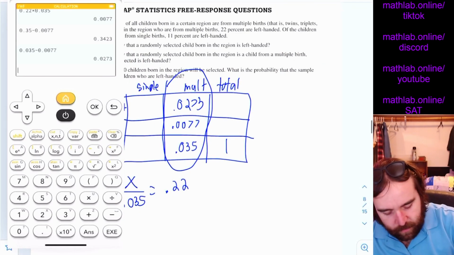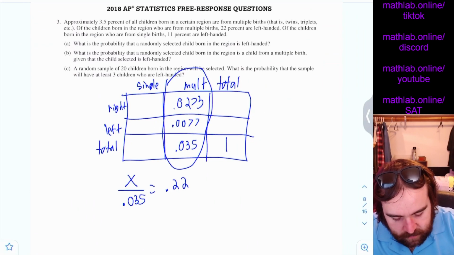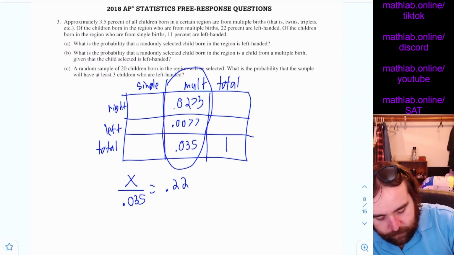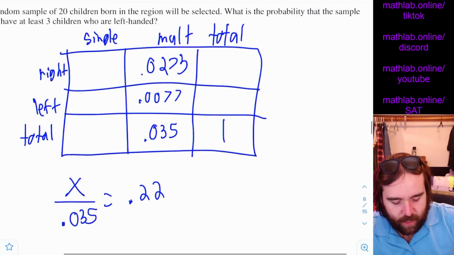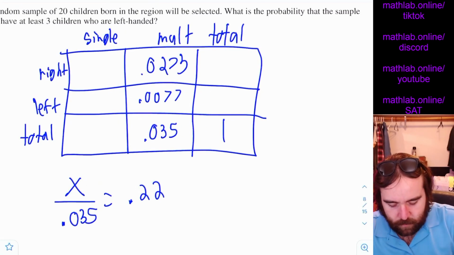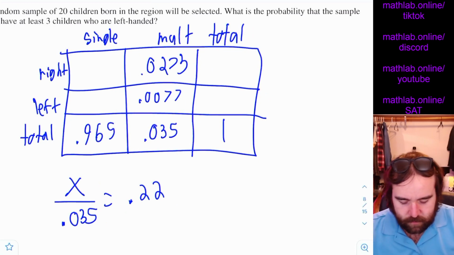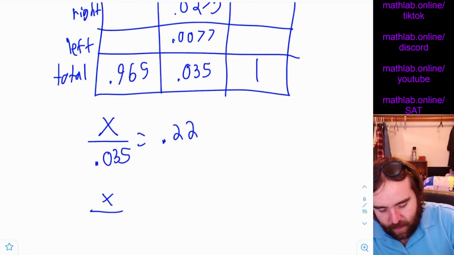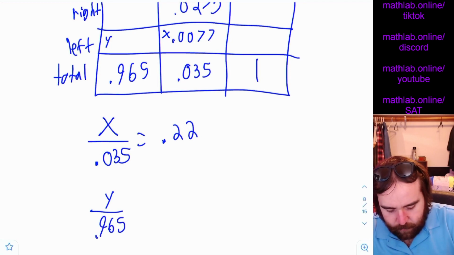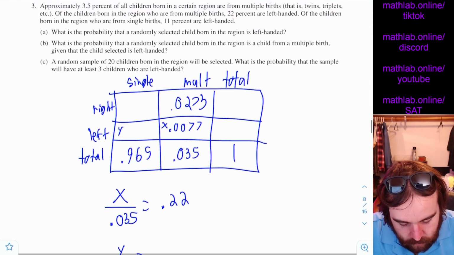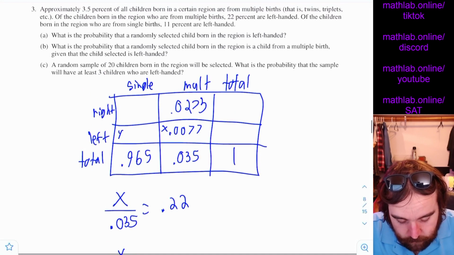And then we're going to do probably the exact same thing for single births. So first, how many are born from single births? If 3.5% are multiple births, that leaves 0.965 for single births. So now the left-handers, we'll call it Y. Y out of that 0.965 will get us 11%.